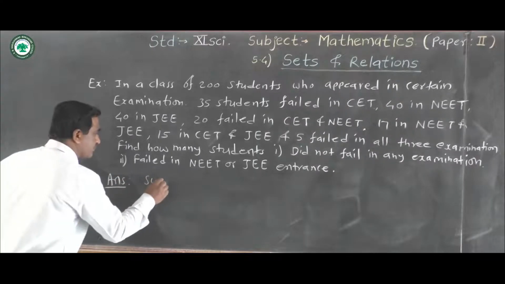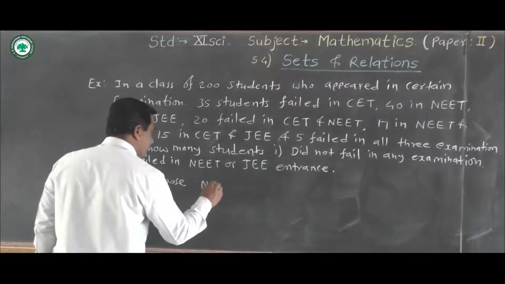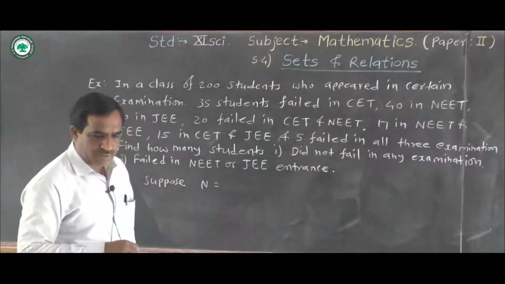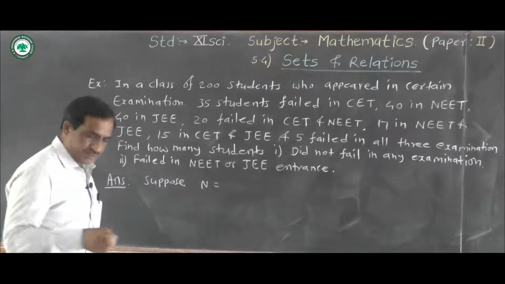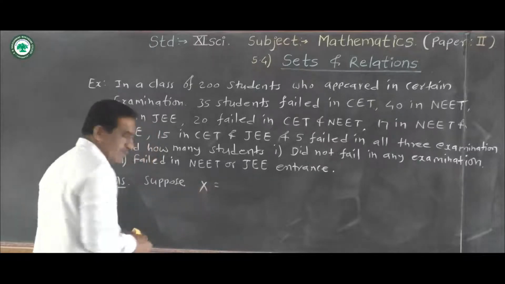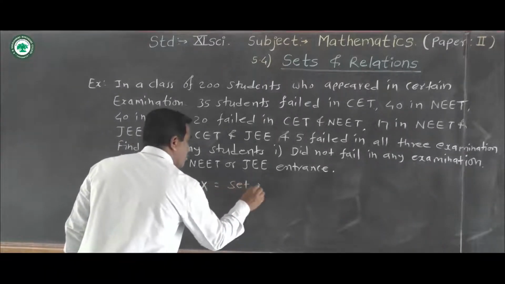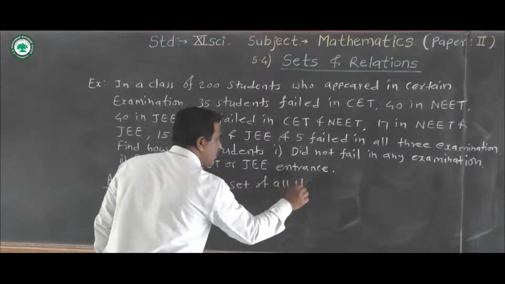Suppose, first we take the universal set. Suppose X is equal to the set of all students. C is equal to the set of students who failed in CET.